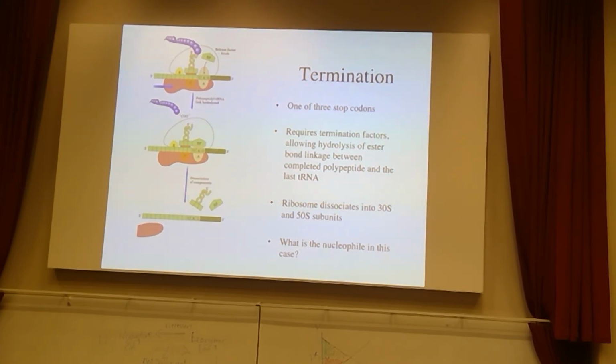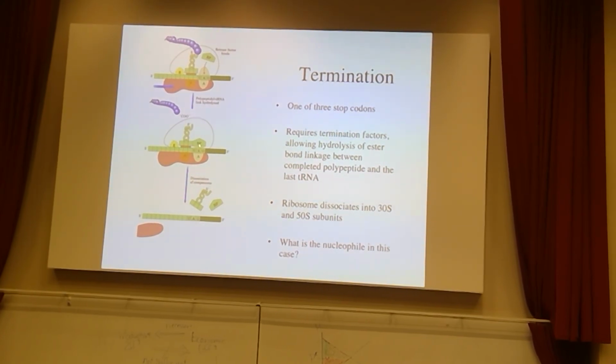We said 64 different triplet codons, 3 of them encode a stop. Here's one of them, UAG. And there's no tRNA that corresponds to that codon. Instead, a protein release factor likes to bind onto that UAG site when that UAG is at the A site in the ribosome.